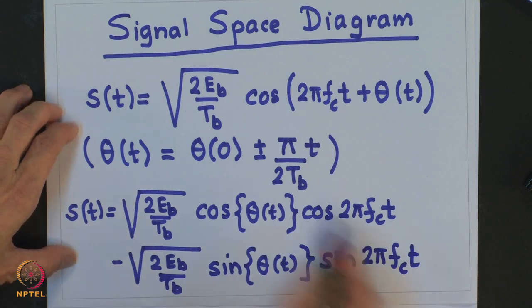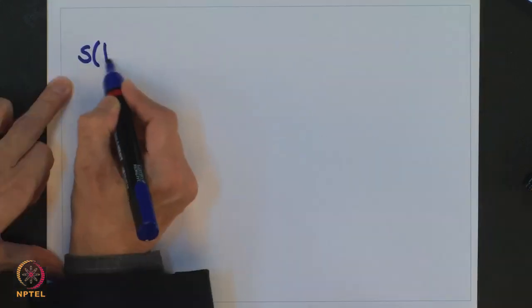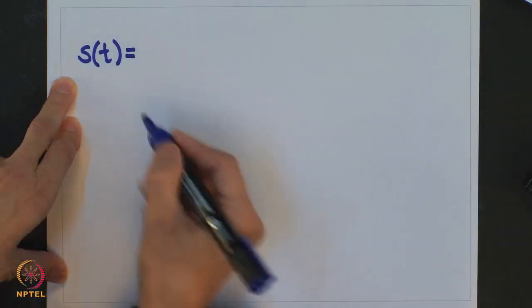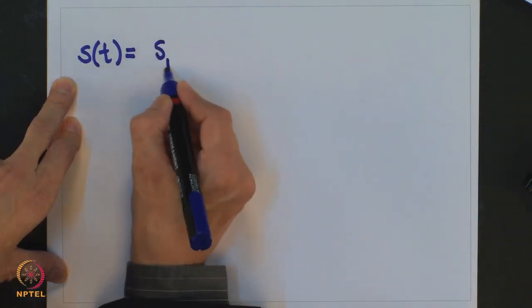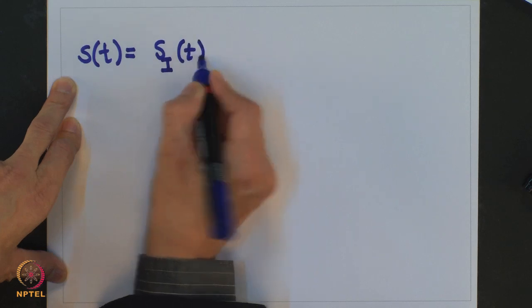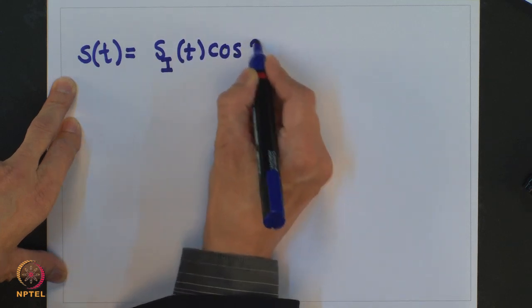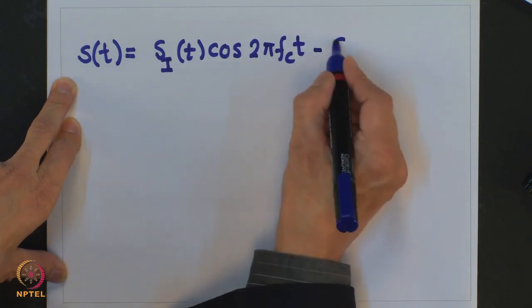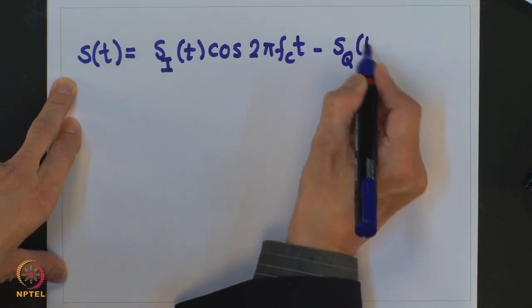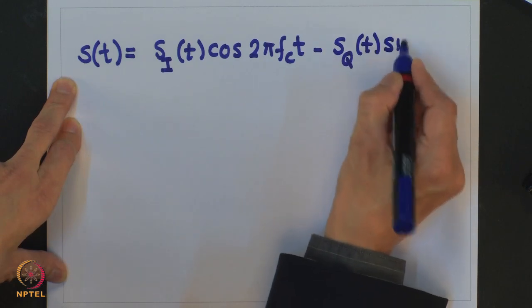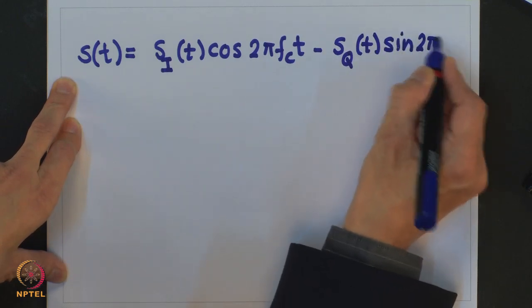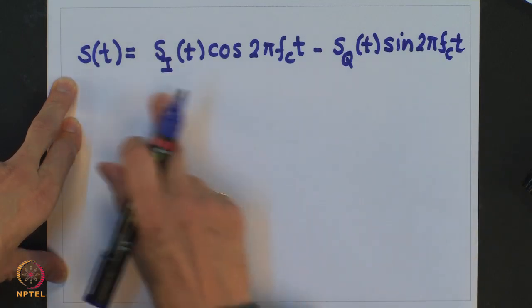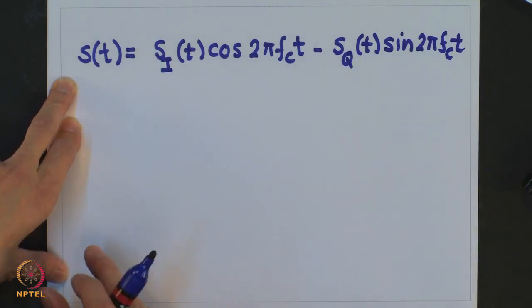So, this form can be written as follows. This is a standard form for writing band pass signals.